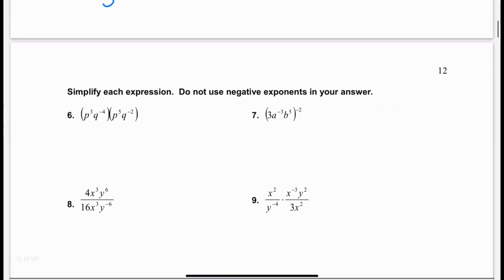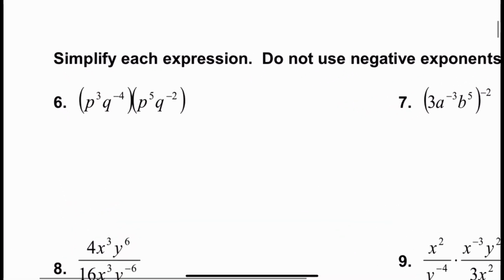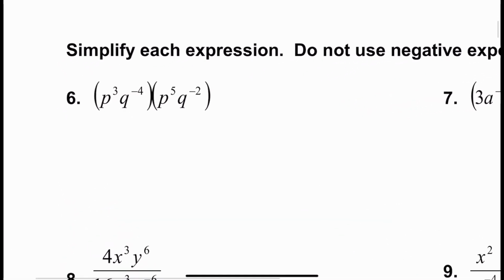Okay, now we're getting into some variables, but it's going to be exactly the same. In a lot of cases, it's easier with variables because you don't have to figure out what those numbers equal. We have 3 p's. We have 5 more p's. All together, you just add those exponents together. We're going to have p to the 8th.